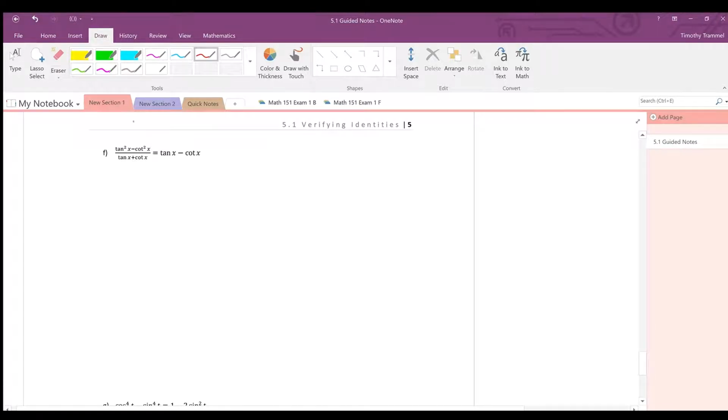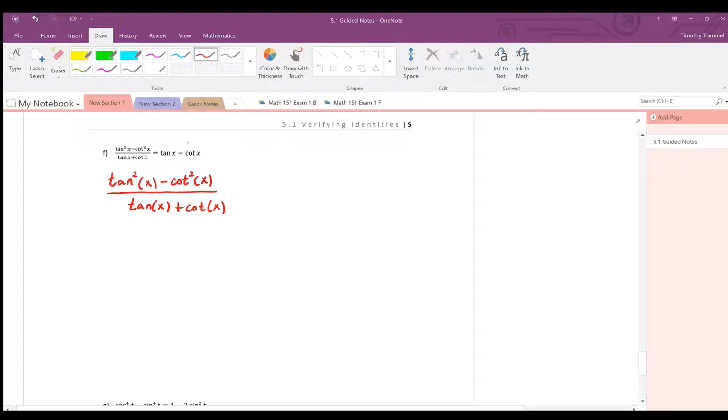We are on to our last couple examples here, and I'd like us to begin by just writing down this more complicated side. So we have tangent squared of x minus cotangent squared of x all over tangent of x plus cotangent of x.